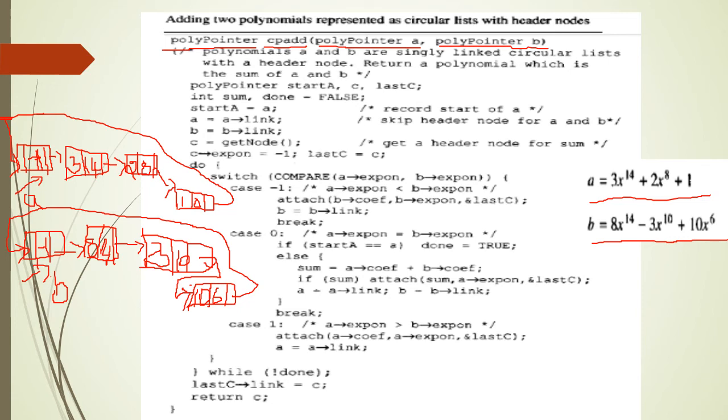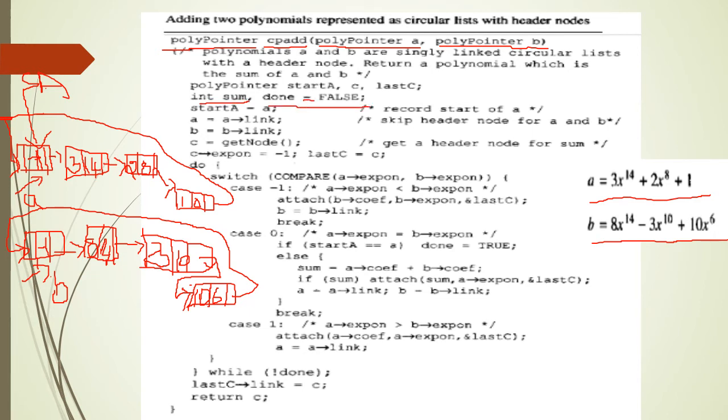So startA is pointing to the starting of the first polynomial, that is polynomial A. And C is the resultant polynomial here, and lastC is pointing to the last node of the resultant polynomial. Then we are using some variables: int sum, then done is equal to false.